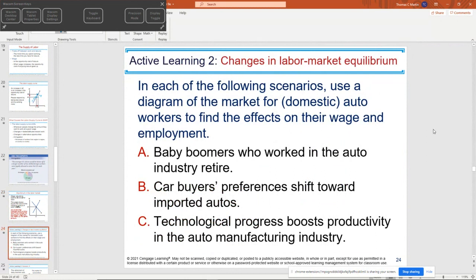Now, they look at some scenarios here with the changes in the population. As the baby boomers in the auto industry retire, you will see the number of workers available to do the job diminish, therefore the job cost or the cost to hire a worker will go up. Now, if we shift our demand to imported vehicles, we'll see the demand for the domestic vehicles fall.